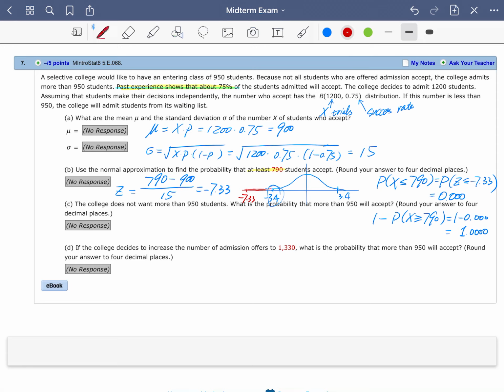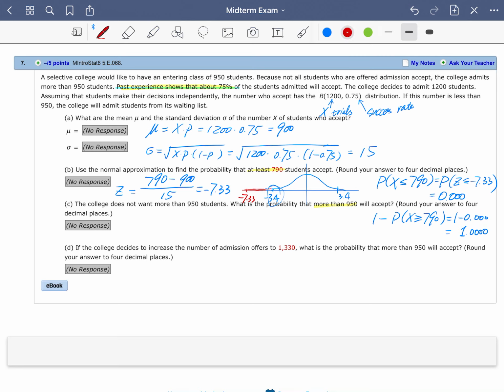Question C. If the college does not want more than 950 students, what is the probability that more than 950 would accept? Okay, this question is very tricky because it asks what is the probability that more than 950. Since we are talking about students, you cannot have half a student.